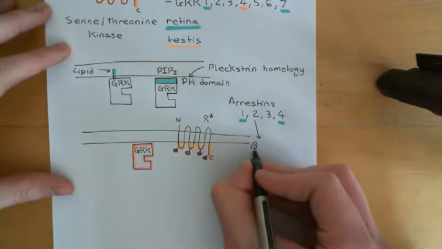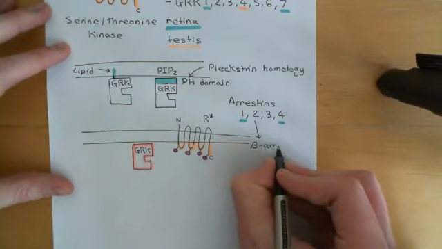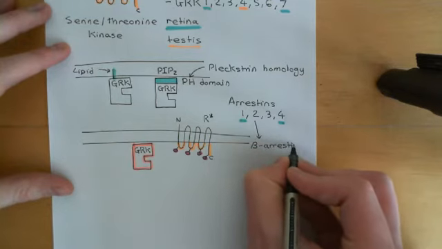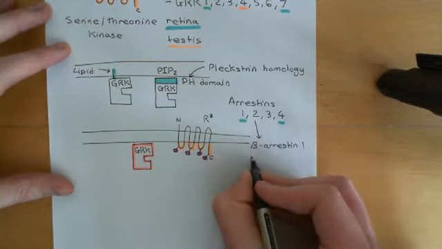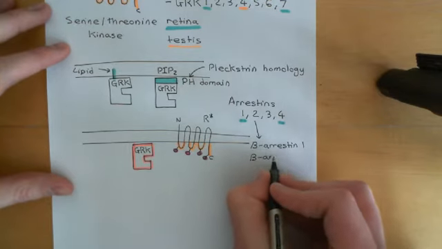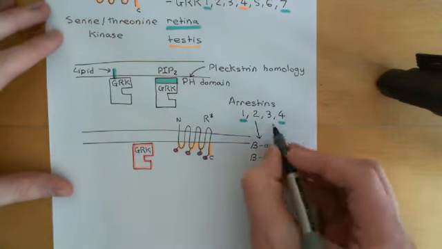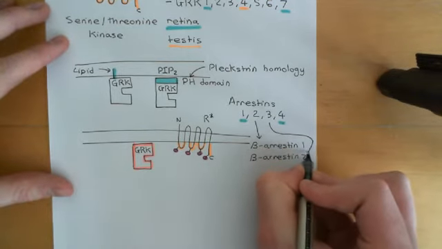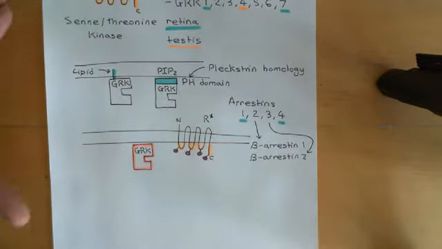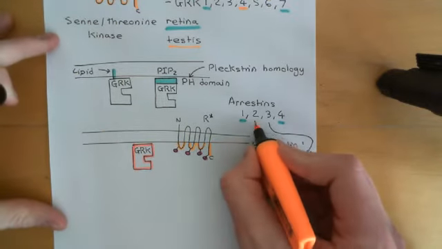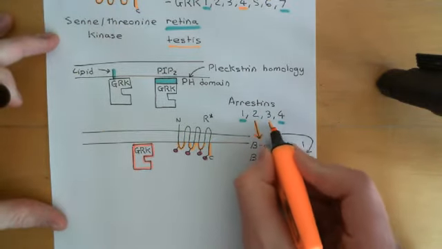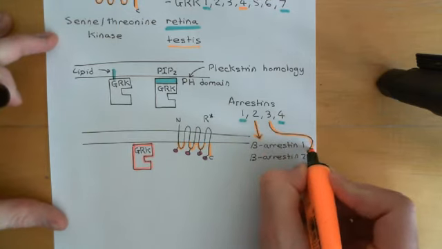Arrestin 2 is also called beta-arrestin 1, and arrestin 3 is called beta-arrestin 2. These are the names that you're more likely to see actually used, and unfortunately the numbers don't add up whatsoever.